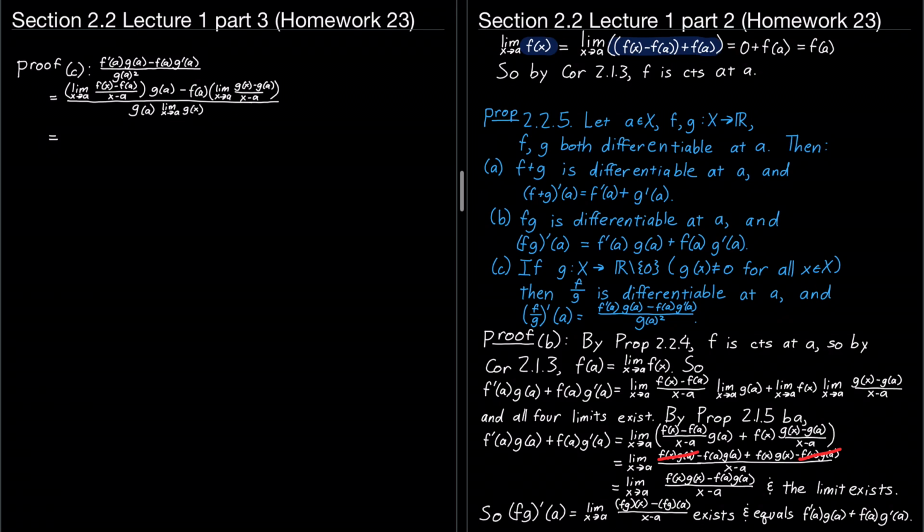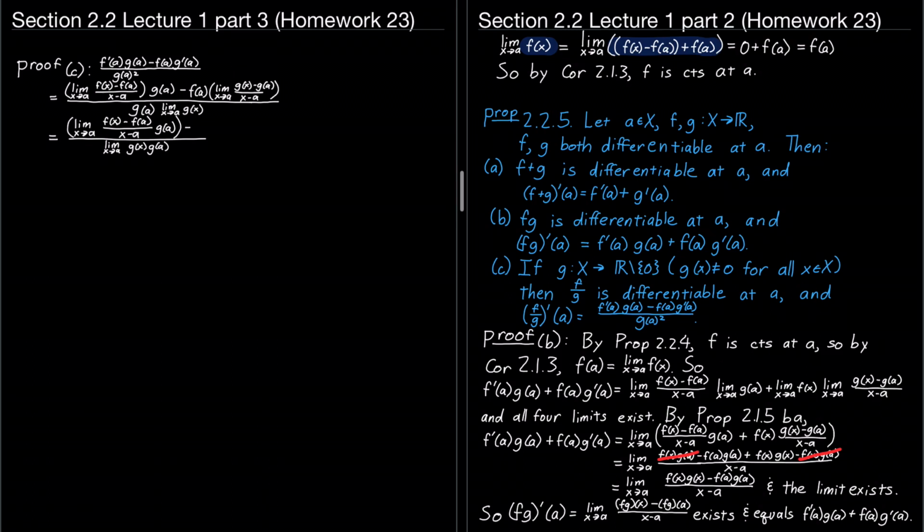So we rewrite this whole mess as, our denominator becomes the limit as x approaches a, g of x, g of a. Our numerator is the limit as x approaches a, f of x minus f of a over x minus a, g of a.